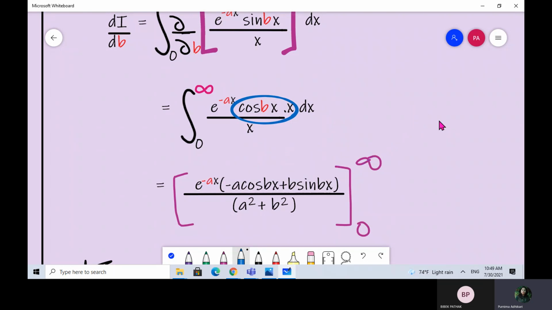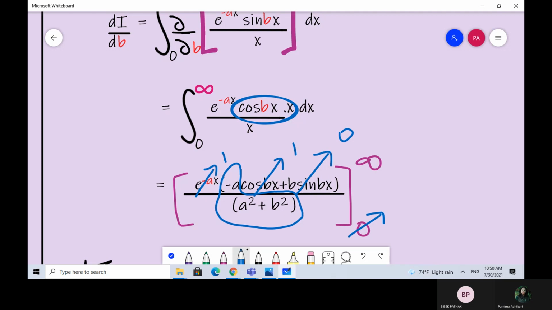What about the lower limit? Can you think about the lower limit? What is this? 0, cos 0 is 1, what is left, minus.